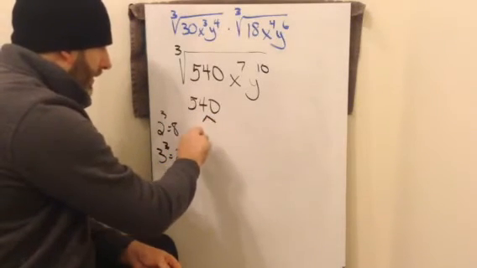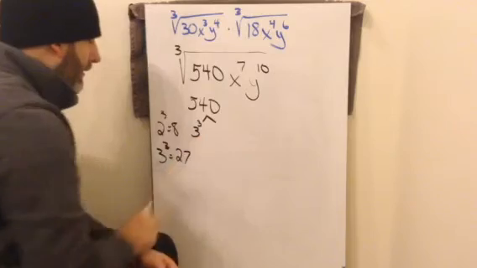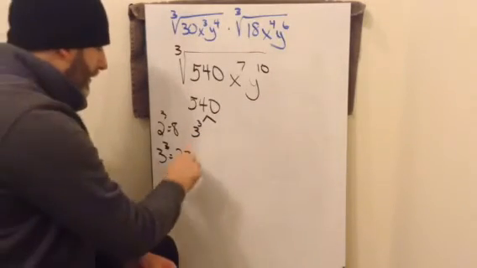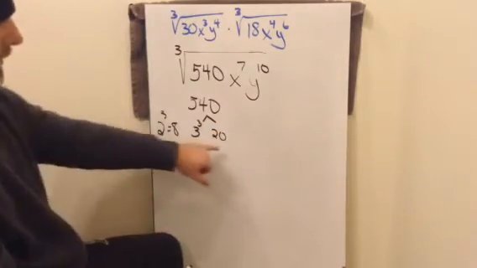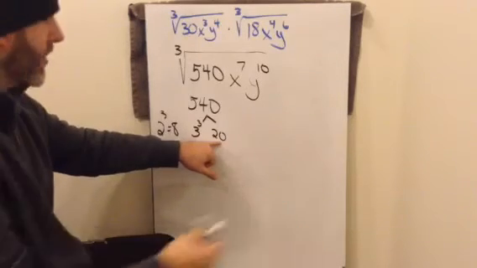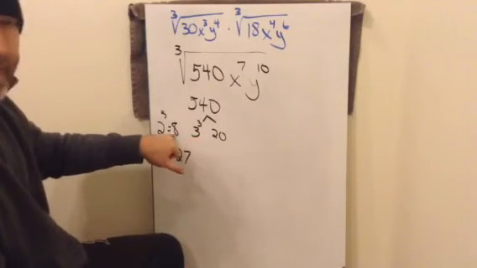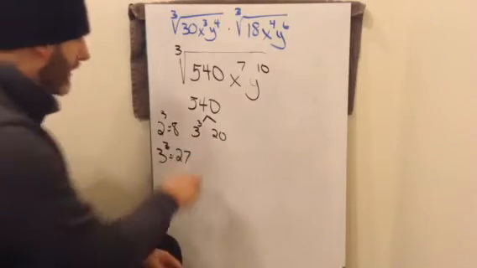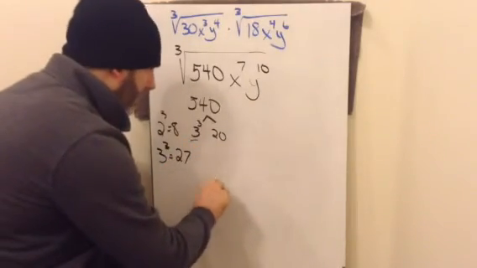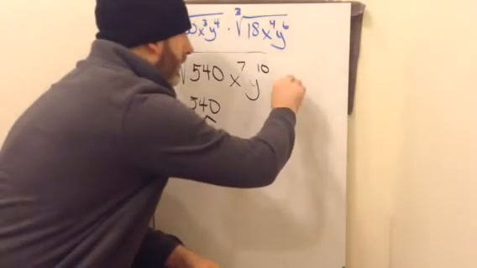So I know 540 is 3 cubed times 20, so it's 27 times 20. Well, if I want to check to make sure 20 isn't divisible by 8, 27 is already greater than 20. So I can take a 3 out. Let's do this.